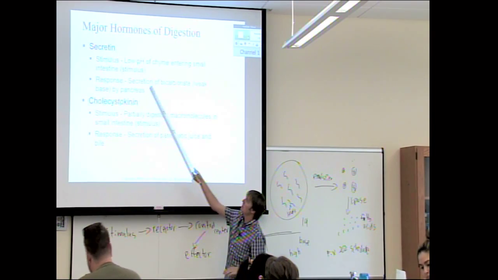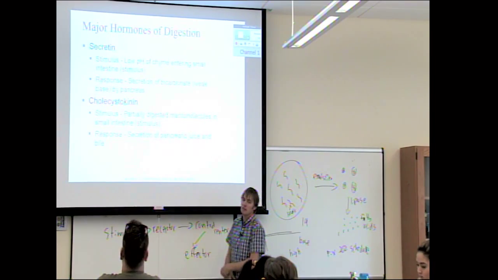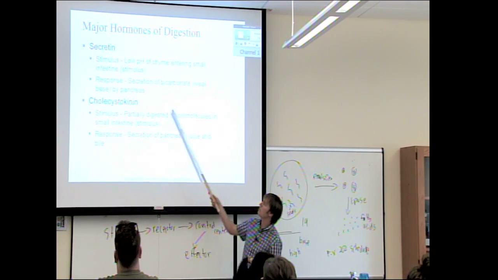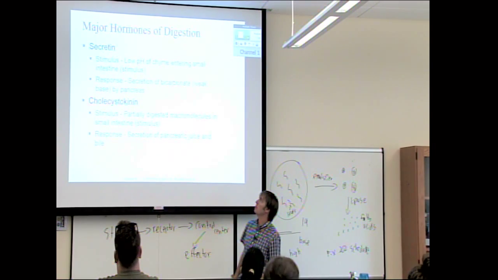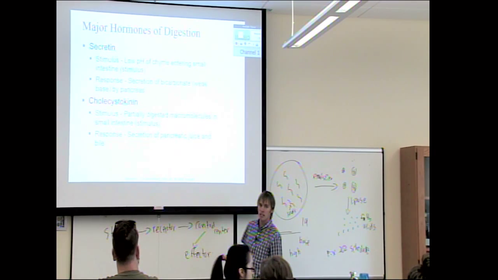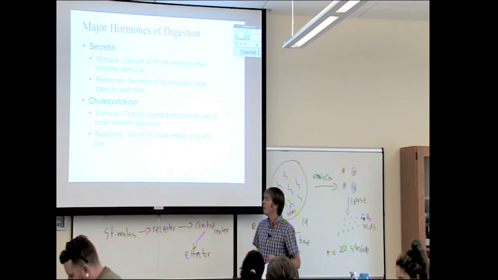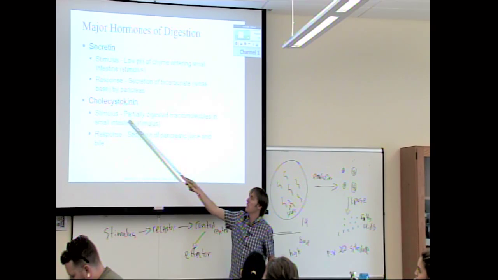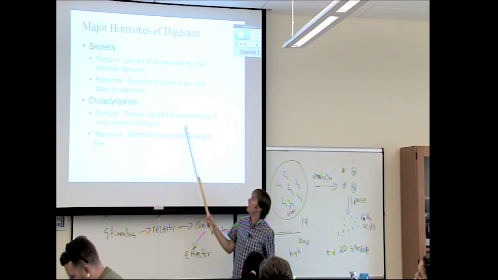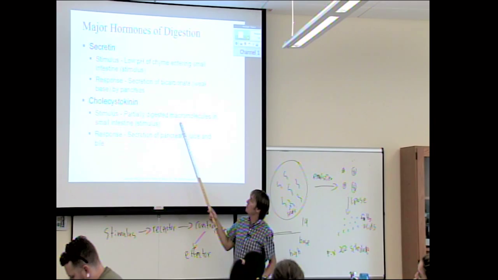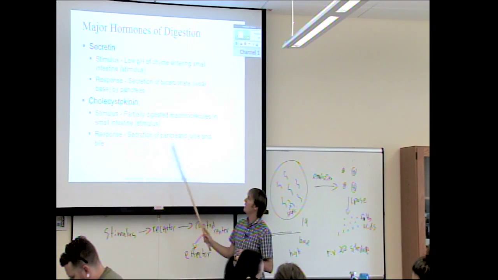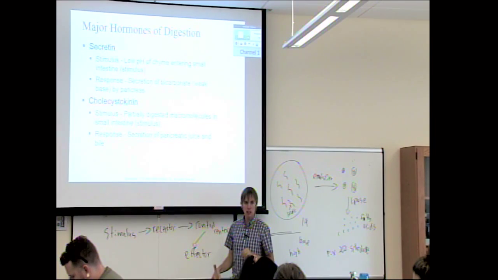For secretin, the stimulus is low pH of chyme coming to the small intestine, and the response is secretion of bicarbonate by the pancreas. And then the second one is the cholecystokinin. Stimulus is that you have not fully digested macromolecules in the small intestine, and the response is the secretion of pancreatic juice and bile.